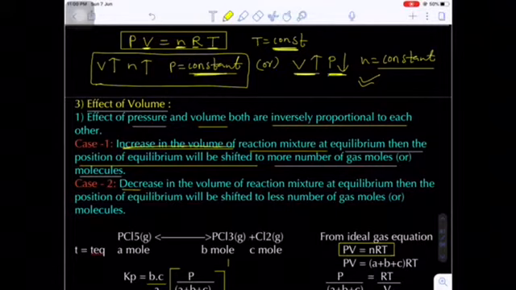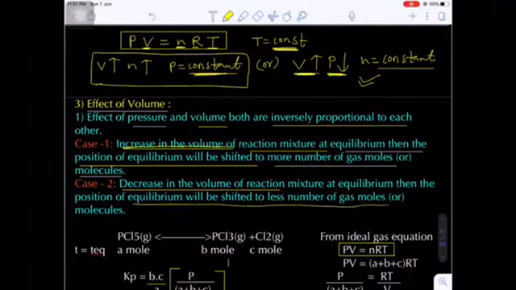Now the second case, a decrease in the volume of the reaction mixture. That means we are decreasing the volume, so the pressure increases. Once the pressure increases, the system tends to move in the direction where there is a decrease in the number of gas particles. Because you increased the pressure, the system will go in the direction where there are fewer gas particles to reduce the pressure, since fewer particles means fewer collisions on the walls of the vessel, so less pressure. So the system shifts in the direction where there are fewer gas particles.